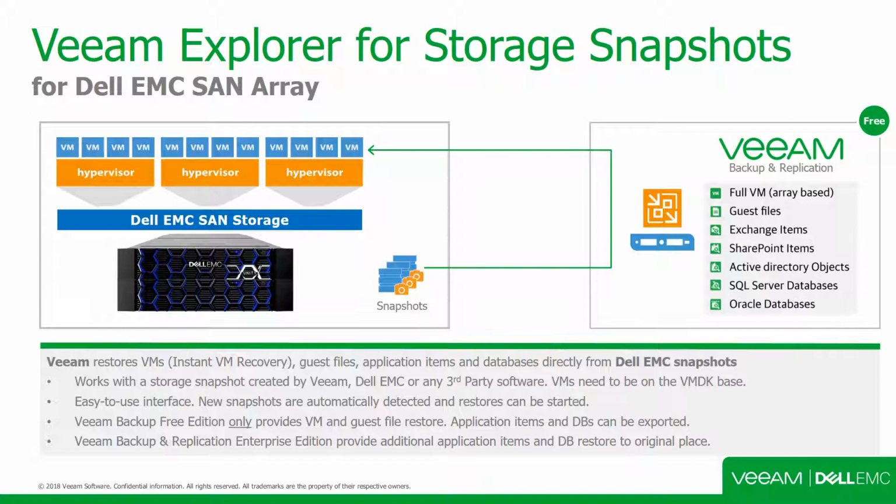So the beauty of the Veeam Explorer is that the backup administrator, who maybe, for example, doesn't have access to the Dell storage, is just going through the applications. He wants to restore a particular item, and that whole process is done in the background because we have that integration with the Dell EMC array.